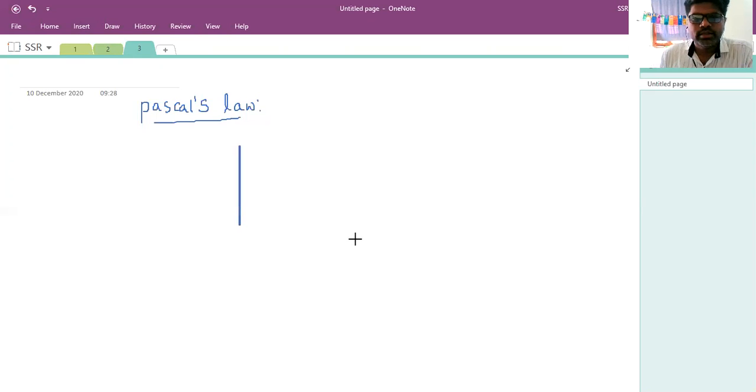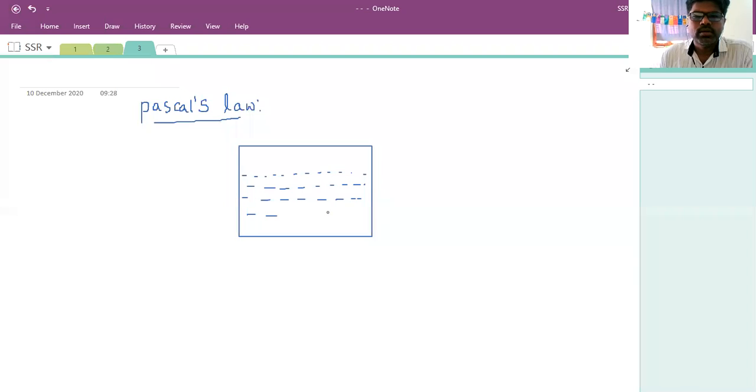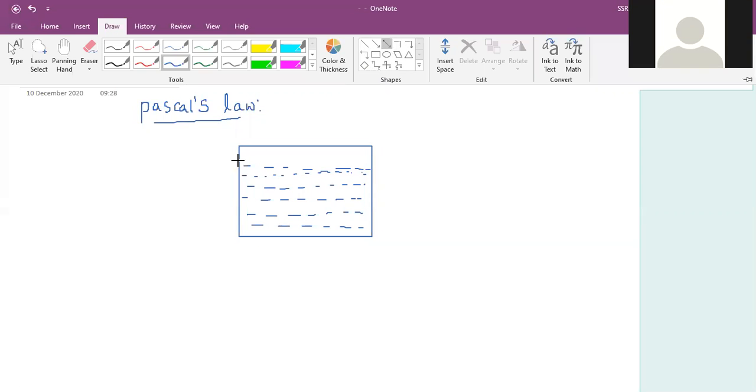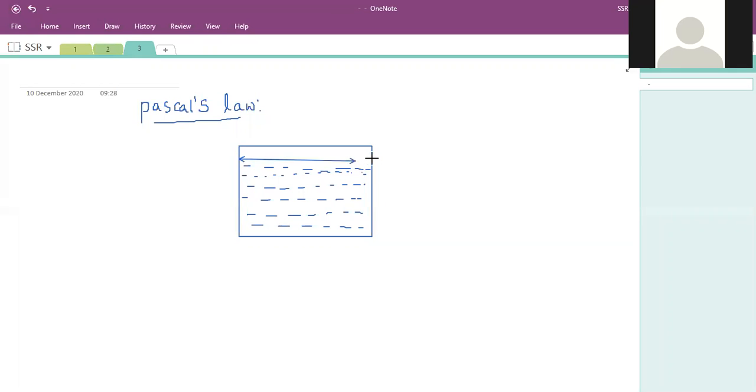In that there is a fluid, or a liquid you can take, up to a certain level. After that there is a piston you can keep above the free surface of the liquid. This is the piston you can imagine.